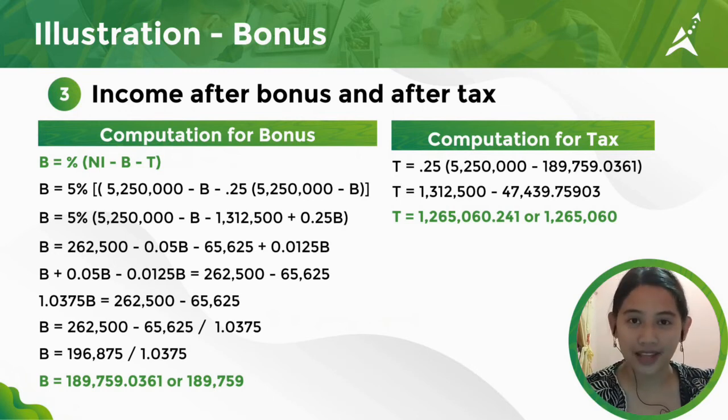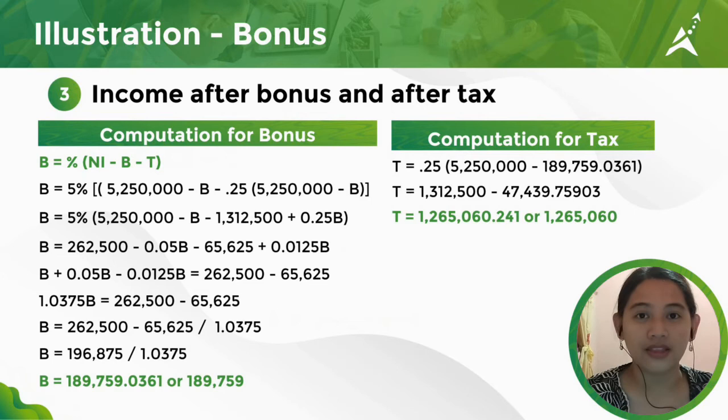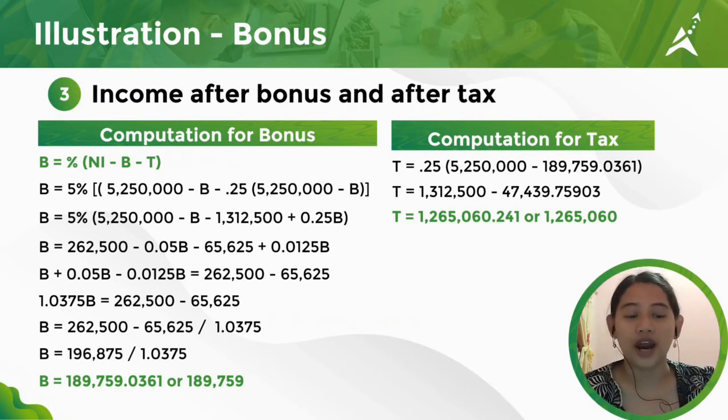Now, what we have computed so far is only the bonus. How do we get the tax? For the tax, we just exchange again: 25% income tax rate times 5,250,000 for our net income, less the B that we already computed, which is 189,759.0361.